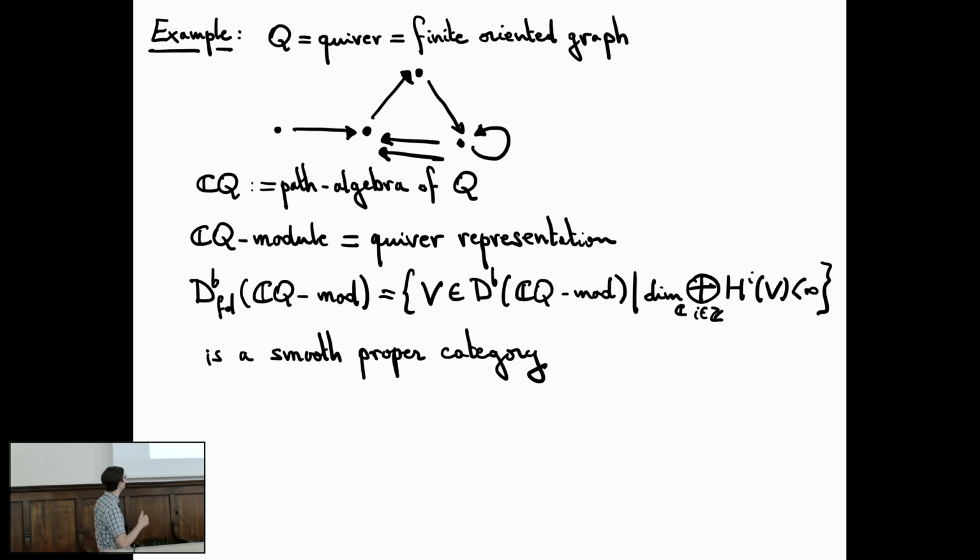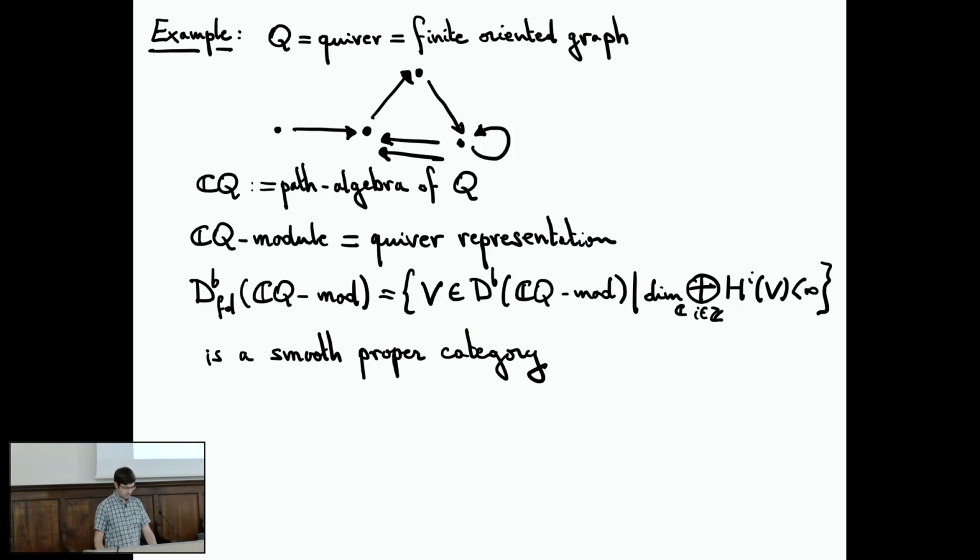So you think of each vertex of the quiver as being decorated by a complex vector space sitting over this vertex. And then for every arrow in the quiver, you have the data of a linear map from the vector space sitting at the initial point of the arrow to the vector space sitting at the end point of the arrow.